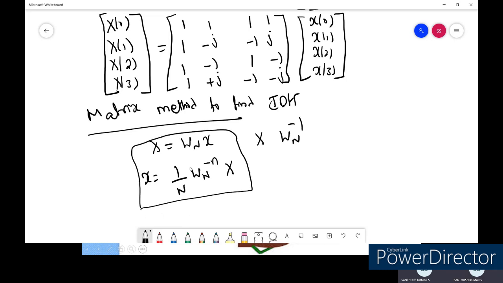So these two equations express the DFT as a linear transformation, so that we can find the IDFT using the matrix method, and the DFT as well.